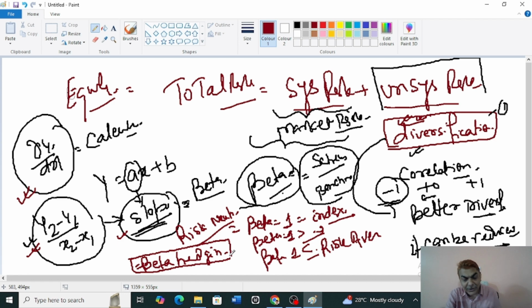Investment is a different concept. Trading is a different concept. Investment means long term, trading means short term. When you are doing investment, you have to accept the systematic risk. You have to welcome the beta as it is in your portfolio. But if you are trading for the short term in the market, there is a tool called beta hedging.